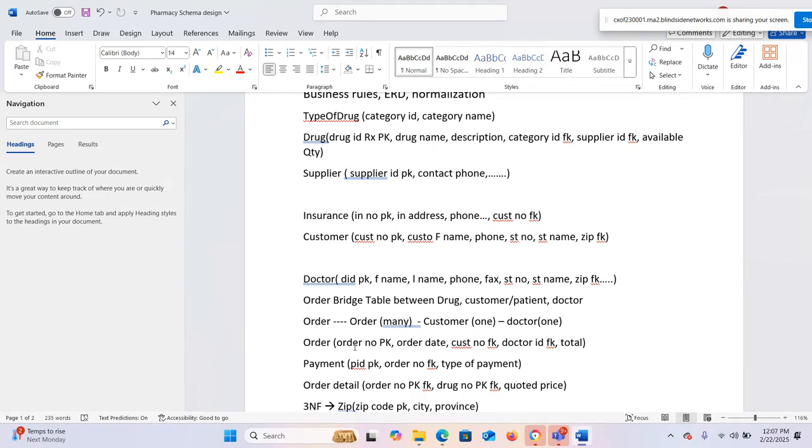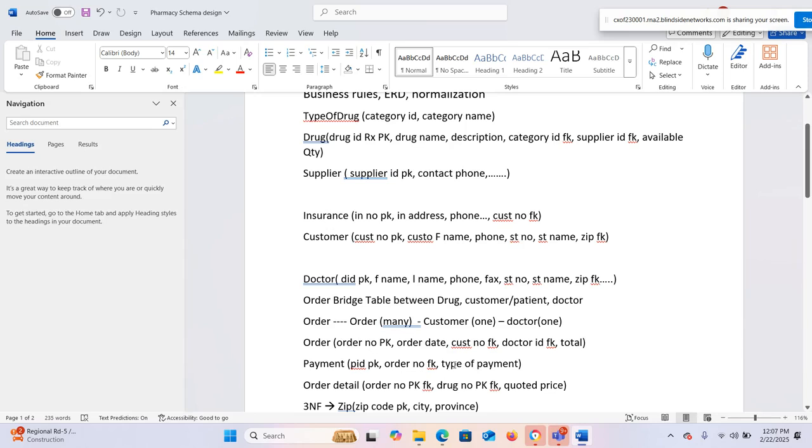So, let's say they bill X amount of money, and you say, okay, you're going to pay Y amount out of X by card and X minus Y amount by cash and so forth. So depending on your situation, it could be many to many relationship. But I think I tried to keep it simple in the business rule that one order has one payment type. Okay.